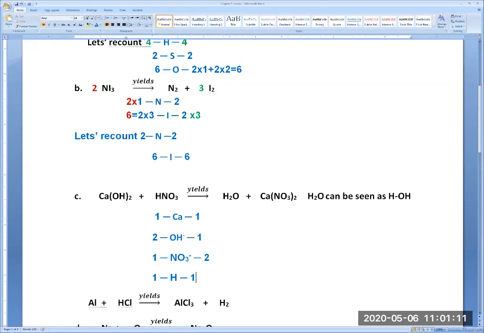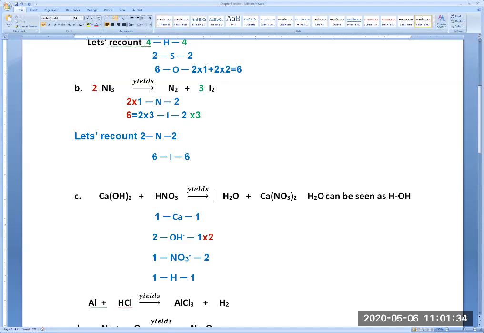So let's start with OH minus here. There is 2 on the left, 1 on the right. So you will want to make it 2 on the right so that it's the same on both sides. And so you will multiply by 2 on the right. And the molecule that has the OH is the H2O, right? The other one doesn't have any OH.